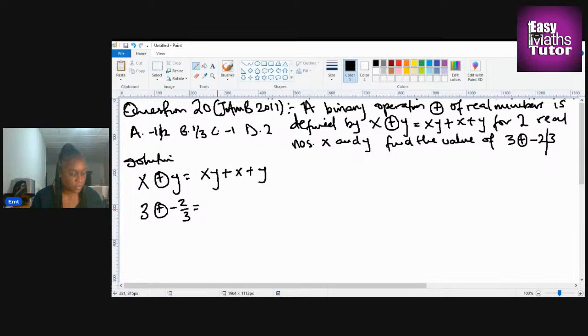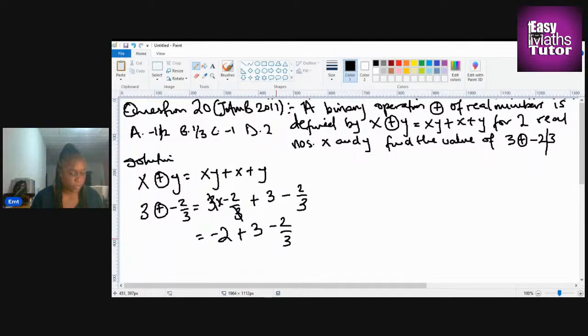So it will be 3 times minus 2 over 3 plus 3 minus 2 over 3. So this cancels this, leaving us with minus 2 plus 3 minus 2 over 3.